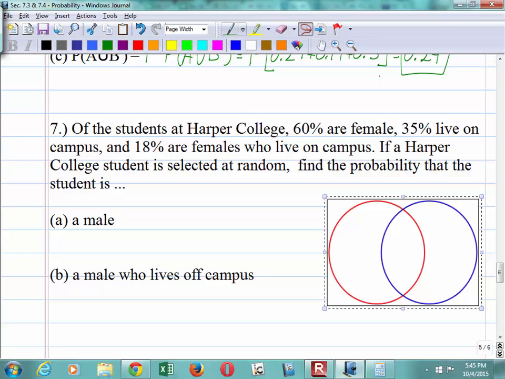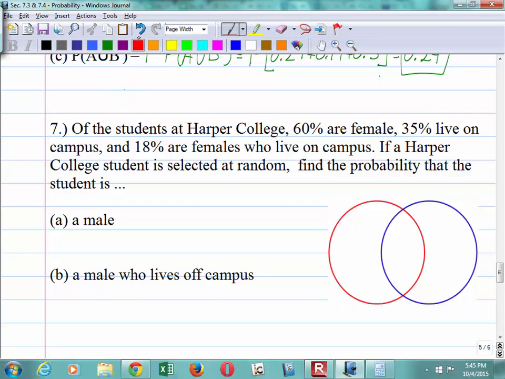Let's say these are female, and these are the ones that live on campus. 18% of the students are females who also live on campus, so the intersection would be 0.18. 60% are females, so this would be 0.60 minus 0.18, which would be 0.42.